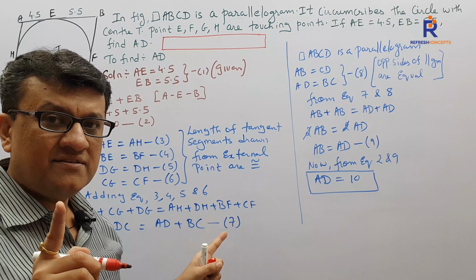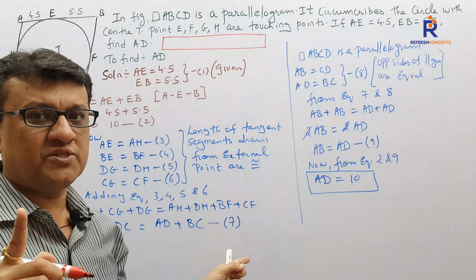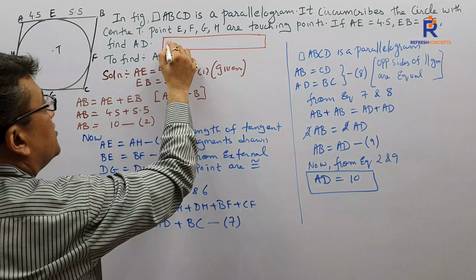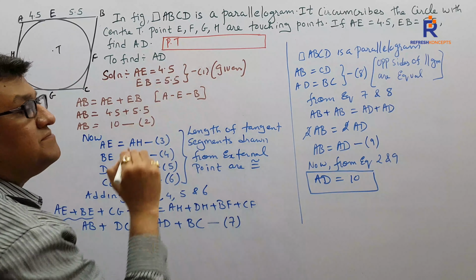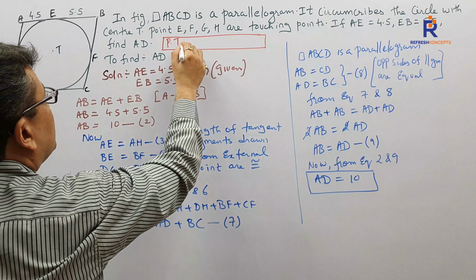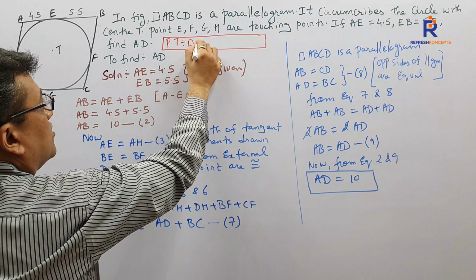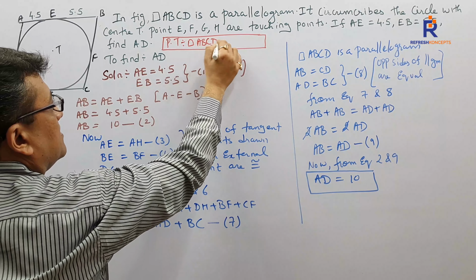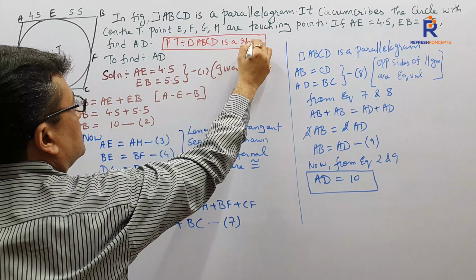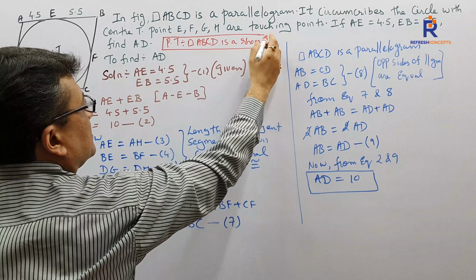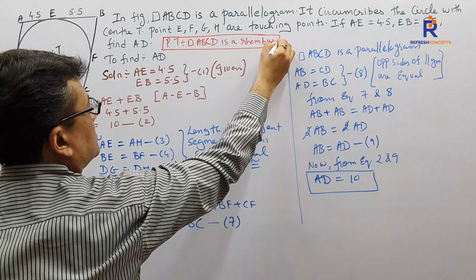Prove that quadrilateral ABCD is a rhombus.